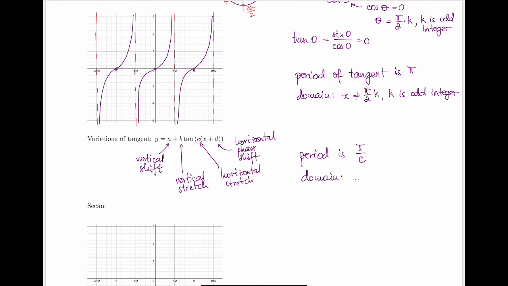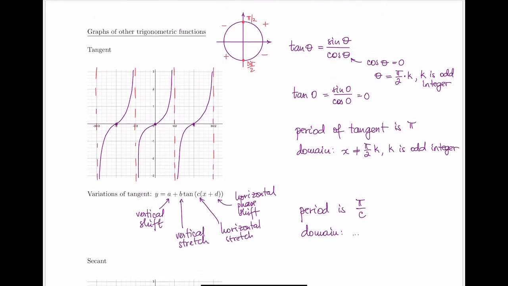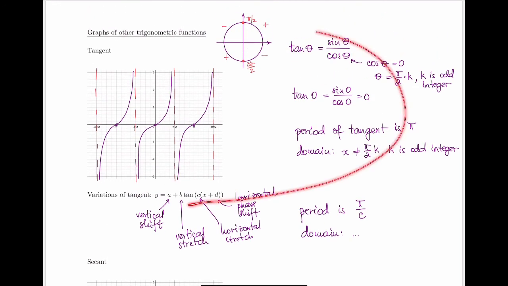So the domain here does not include these asymptotes, but these asymptotes will shift with the entire function, right? So if there is a horizontal phase shift, they will shift left or right. So the domain will really depend on how the shift happens. And I leave it up to you to decide what that is going to be in every particular case for a particular transformation.